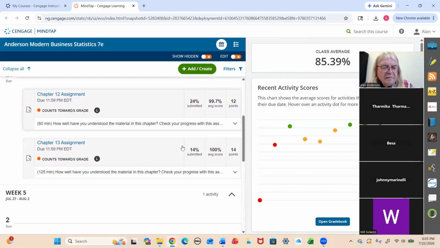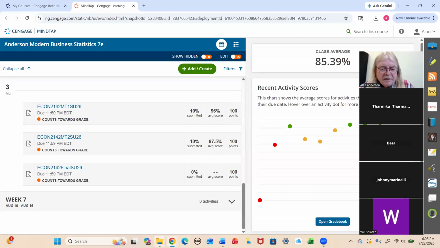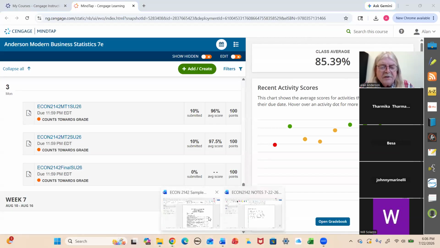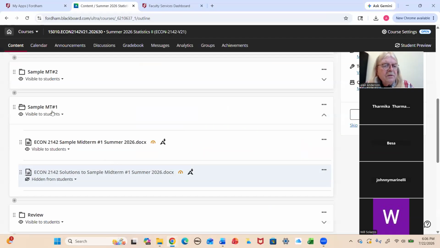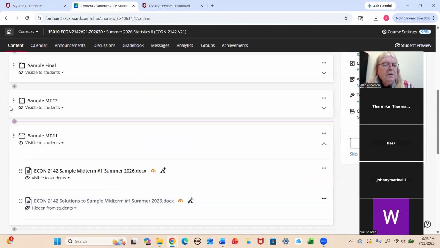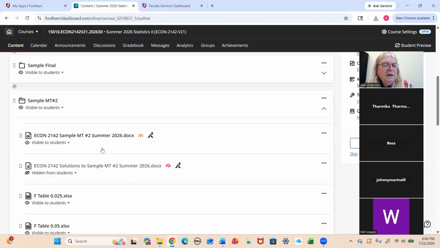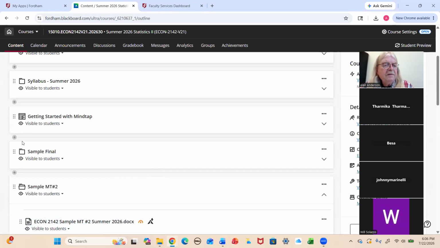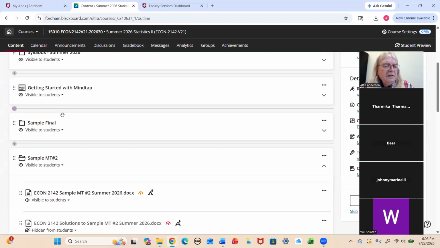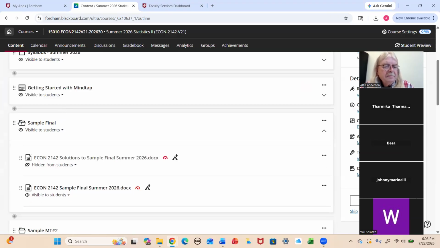So anyway, let's get to this thing. I just opened it up a few minutes ago. If you look in Blackboard, you'll see that there are folders for sample midterm number 1, number 2, and the sample final is right here.